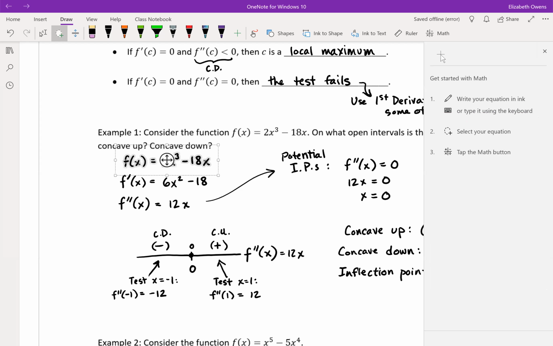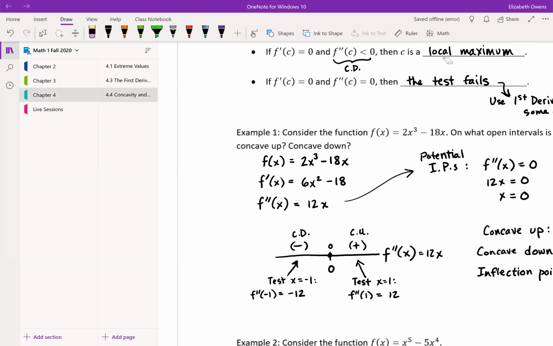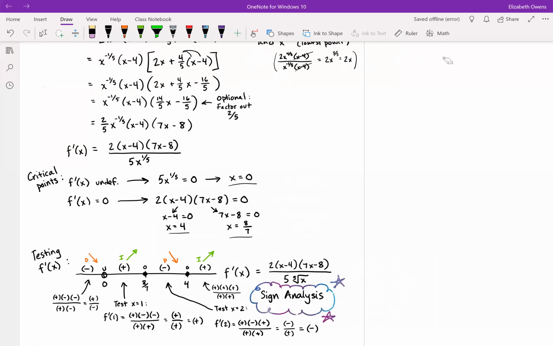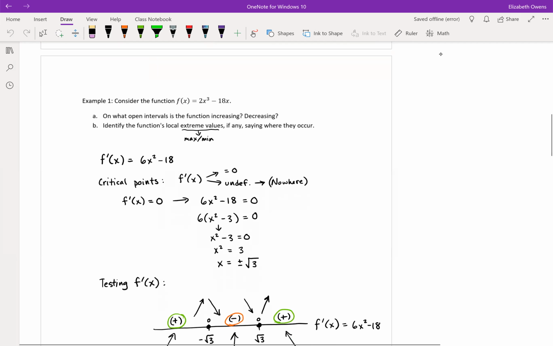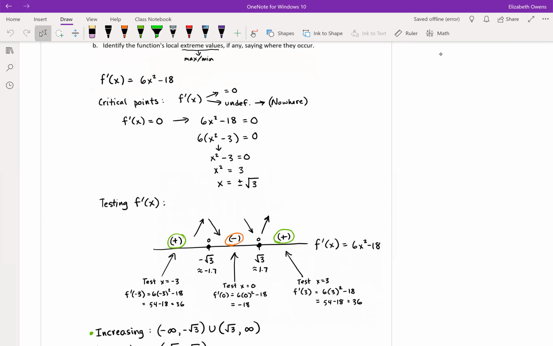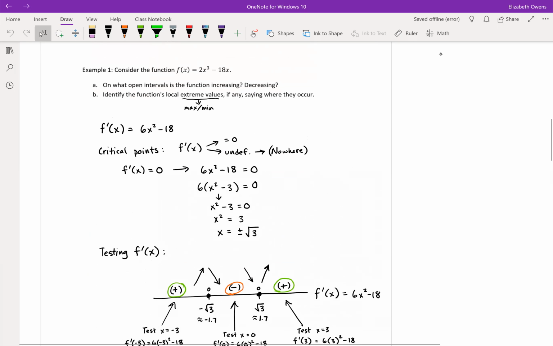But I think we might actually have a graph of this in our previous section. Let's bop back to 4.3 for just a second. Yeah, there it is.